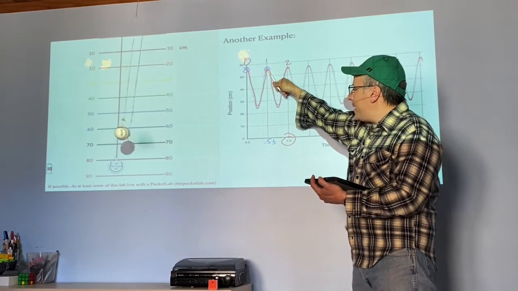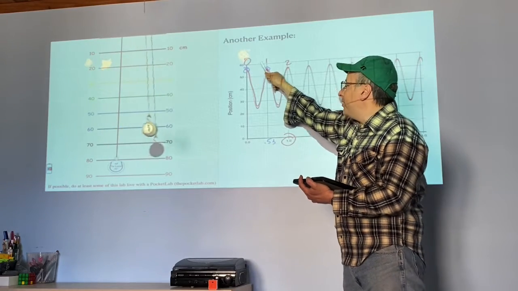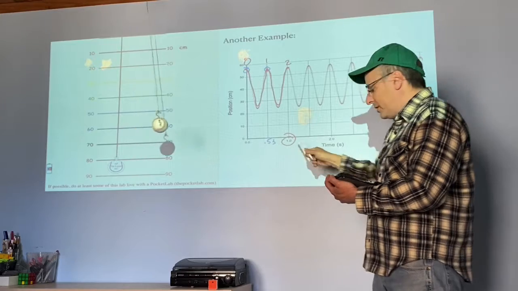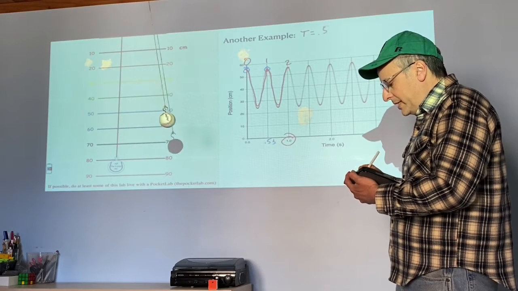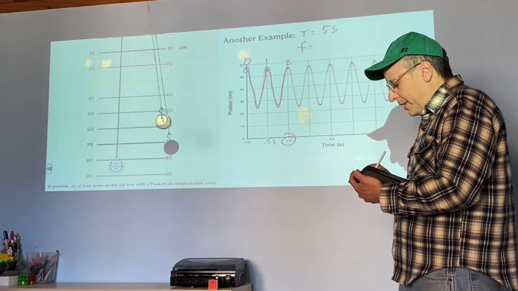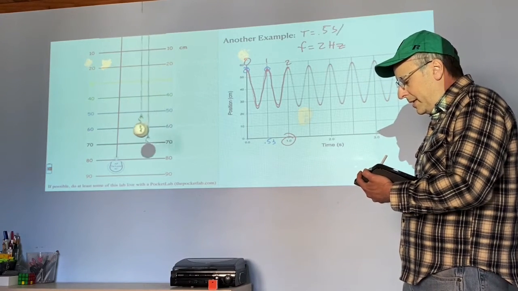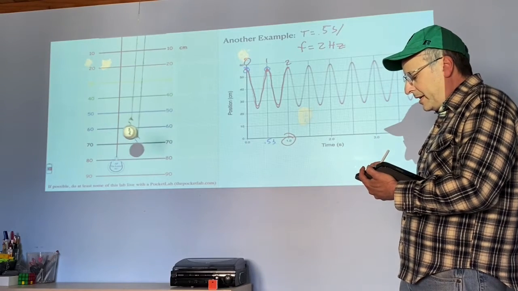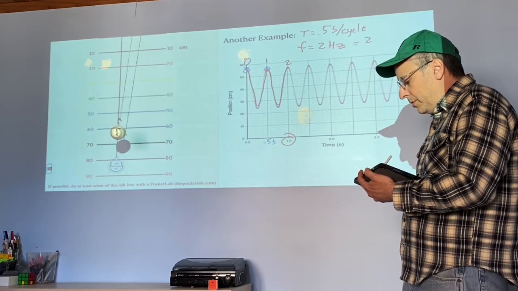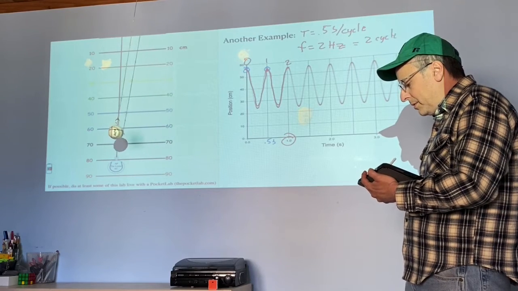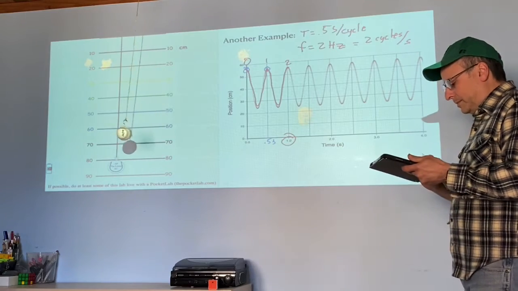Wait until you get back to your starting point. Your starting point is 0 cycles. So that's 1, 2 cycles in 1 second. So the period was half a second. The frequency was 2 hertz. 0.5 seconds per cycle. And this is 2 cycles per second, or hertz.